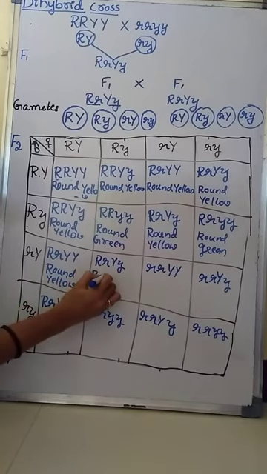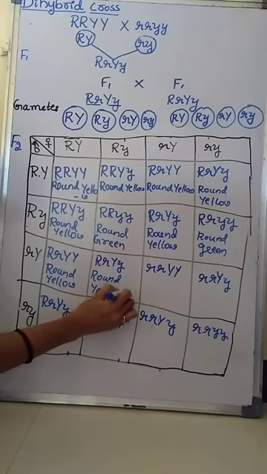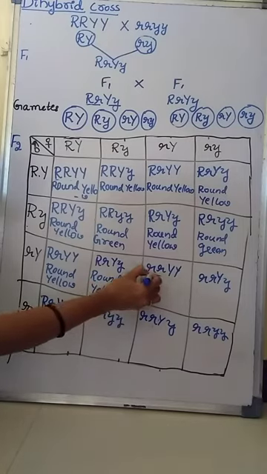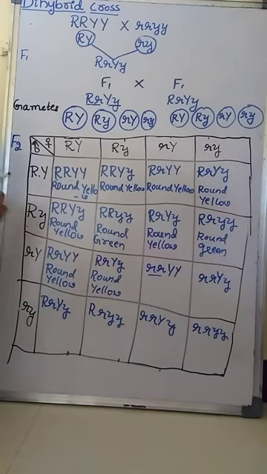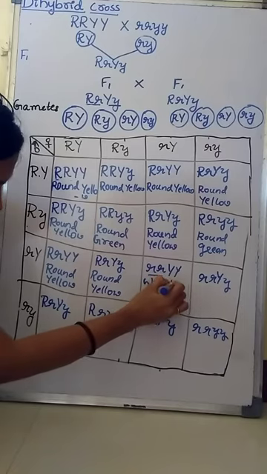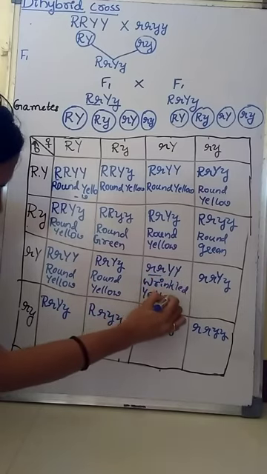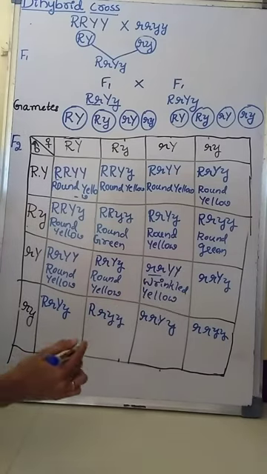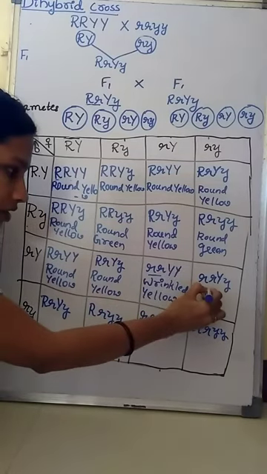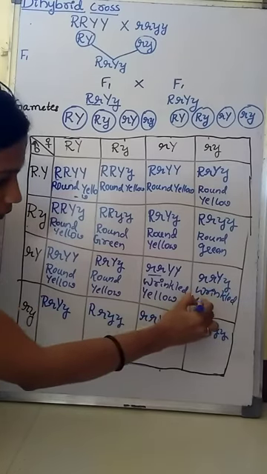Here also round yellow. Here, in this character we have two recessive genes, so we have to write wrinkled. The shape of the seed will be wrinkled and the color will be yellow because both are dominant genes. Here it is wrinkled yellow.